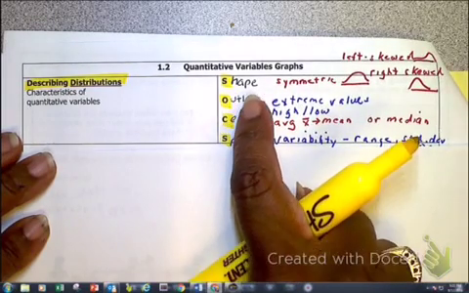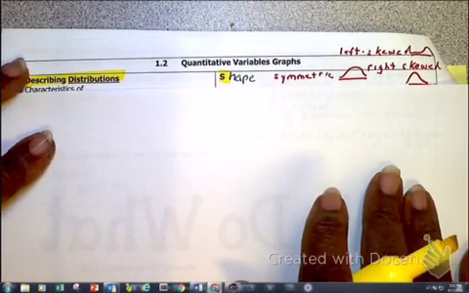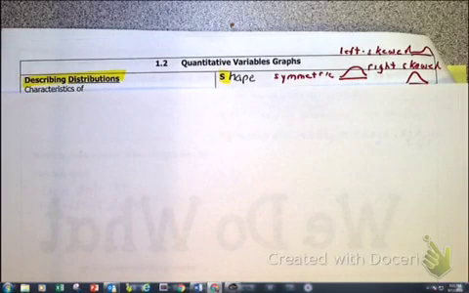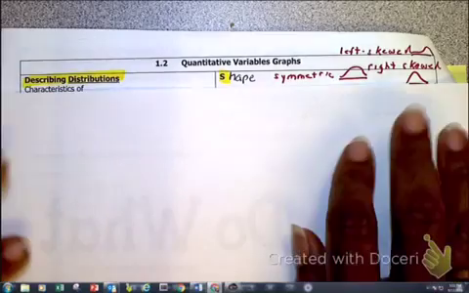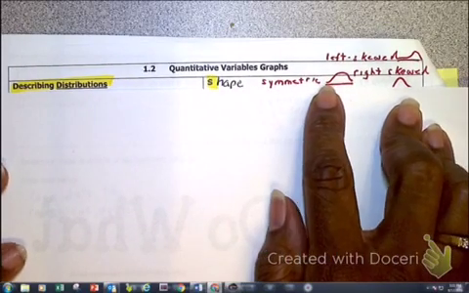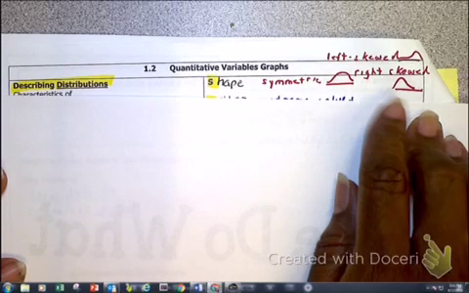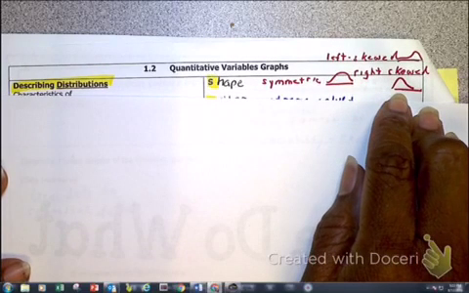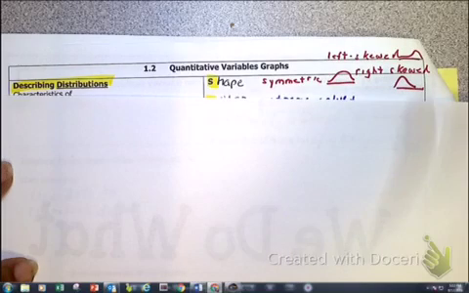When it comes to the first S, shape, symmetry. As we look at symmetry, we can see here that we have three types of shapes. We have symmetric, and we have right skewed, in which the predominant information is on the left side. It's the opposite of the way it appears.